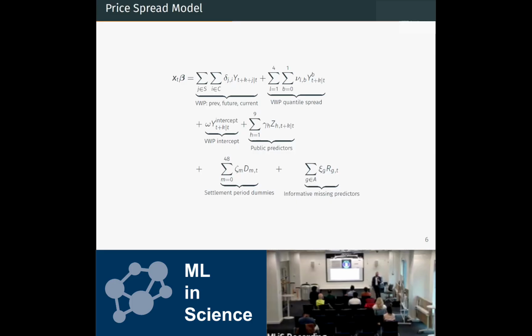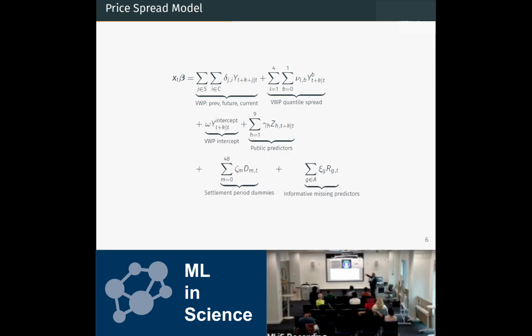That's what we are calling price spread. You need to remember that the day-ahead market is the most liquid in Great Britain and sets a marginal price all the time for the electricity markets. So that's why we create this difference between the imbalance price and the day-ahead price. And we're incorporating the features that we created from the intraday into our model. And of course, we have the public predictors as well, extracted from NESO.